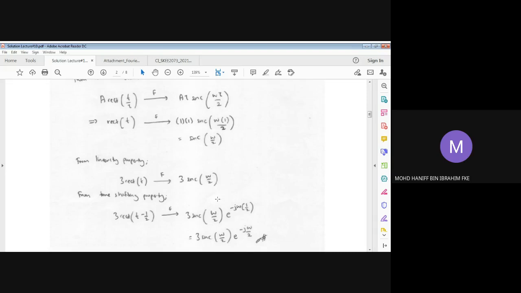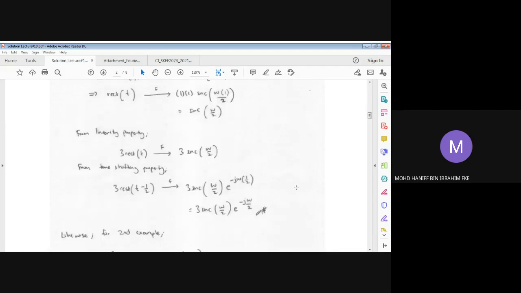In the frequency domain, we simply multiply the previous equation, 3 sinc of omega divided by 2, by exponential of negative j omega times the shifting value, which is half. So the Fourier transform for 3 rectangular T minus half is simply 3 sinc omega divided by 2 times exponential negative j omega divided by 2. Hopefully this transformation is clear.